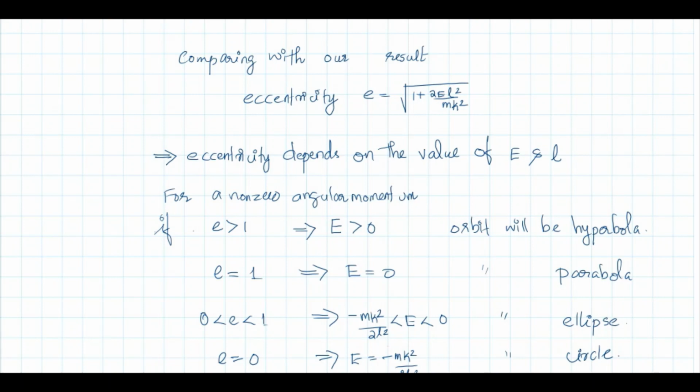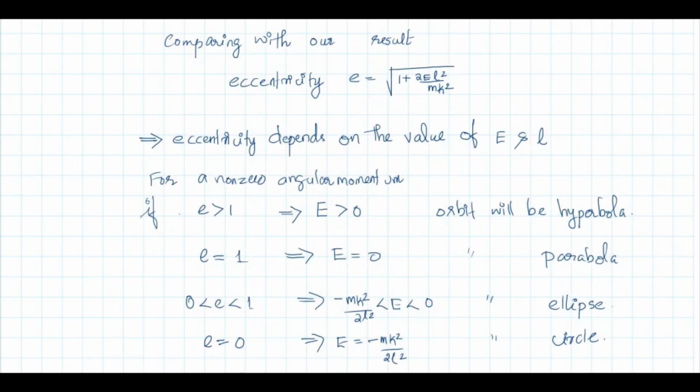Then the orbit will be an ellipse. And if the eccentricity is 0, that is, when the total energy is equal to minus mk squared by 2L squared, then the orbit will be a circle. We already did the qualitative analysis of this in the previous lecture, and we know that for energy greater than 0, the orbit will be unbounded. For energy equal to 0, the orbit is also unbounded, and quantitatively we proved that these two cases are a hyperbola and a parabola respectively.